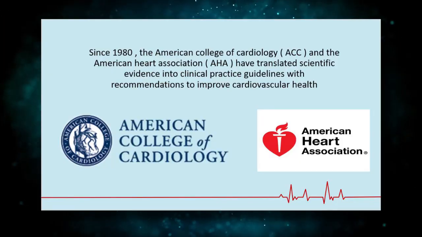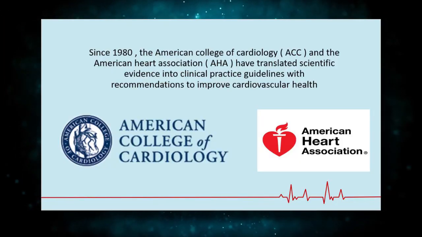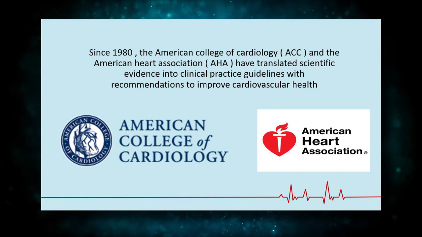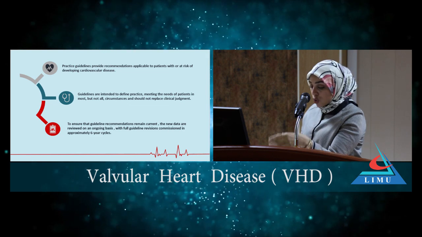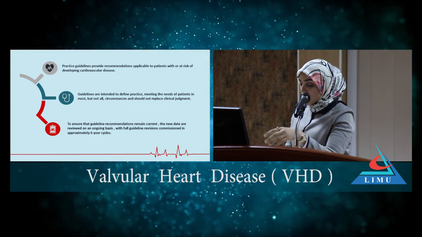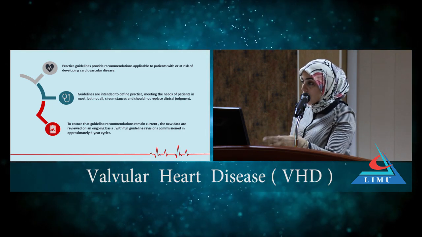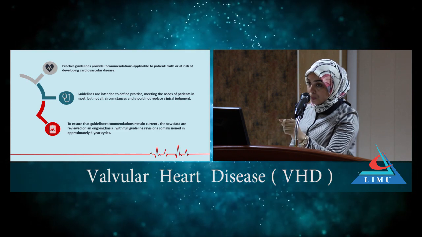And for that, since 1980, the American College of Cardiology, or the ACC, and the American Heart Association, or the AHA, have translated scientific evidence into clinical practice guidelines with recommendations to improve the cardiovascular health care regarding valvular heart diseases. These guidelines, which are based on systematic methods to evaluate and classify evidence, provide a cornerstone for quality of the cardiovascular care.